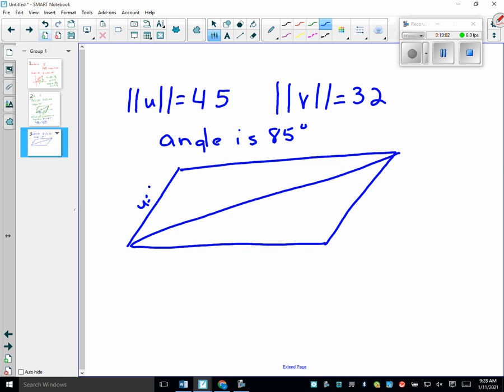So this is 45, and this is V, which is 32. Do you agree? Okay. What else do I know? I know this is 45, don't I? And what is this right here? 85. So what is this one? 95.